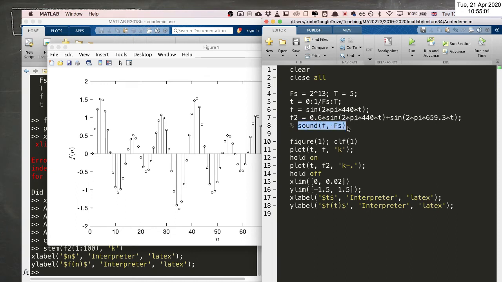Obviously, there's a lot that goes into the sound command that we don't talk about. This is more for computer hardware and computer technology, right? How does the computer essentially take this F signal and convert that into something which then vibrates the drums for your speakers? That's an interesting question in itself.